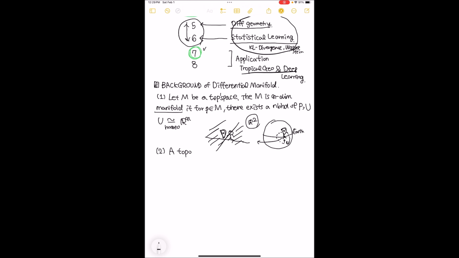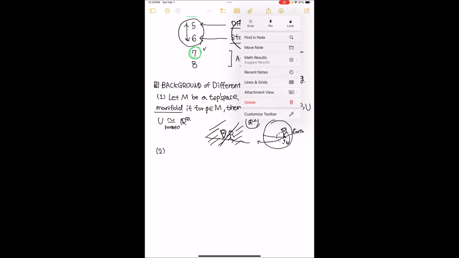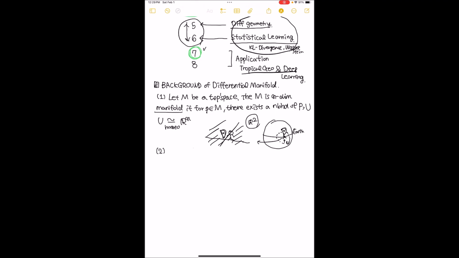Let M be a manifold, then M is a topological manifold of dimension n if M is Hausdorff and second countable, that is, M has a second countable basis.